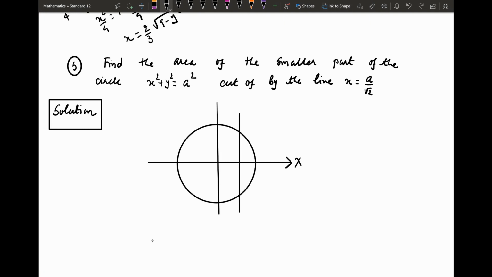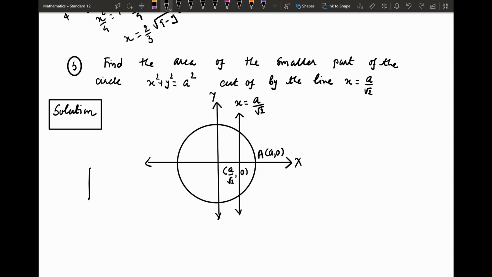This is the x axis, y axis. Now this is the line x equal to a upon root 2. Here is the point (a, 0).